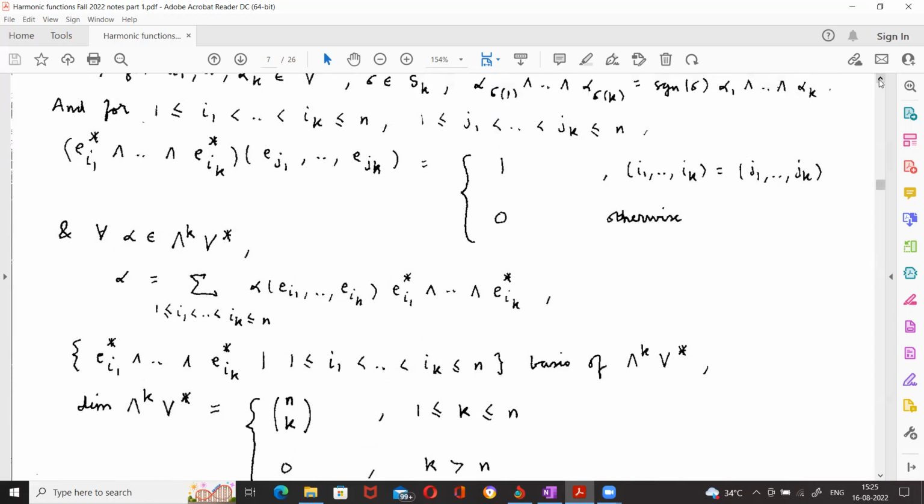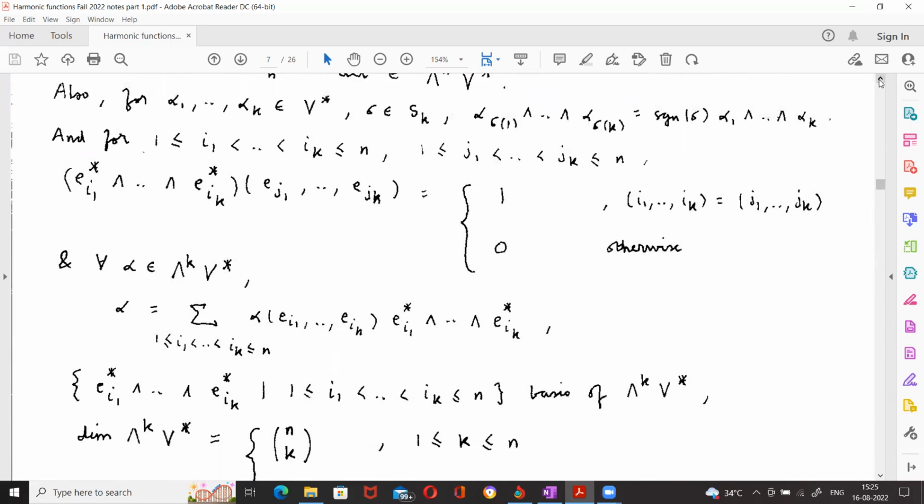Since both are alternating, it's enough to show they're equal when applied to basis vectors arranged in increasing order, since any k-tuple of basis vectors I can permute to arrange them in increasing order.